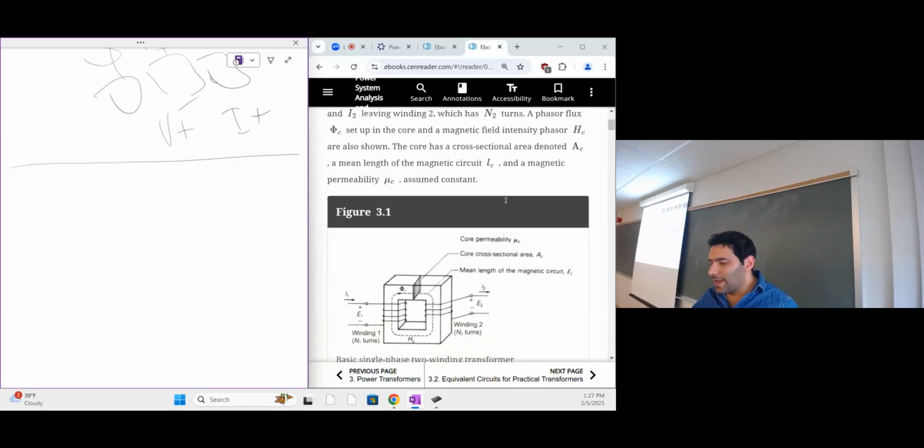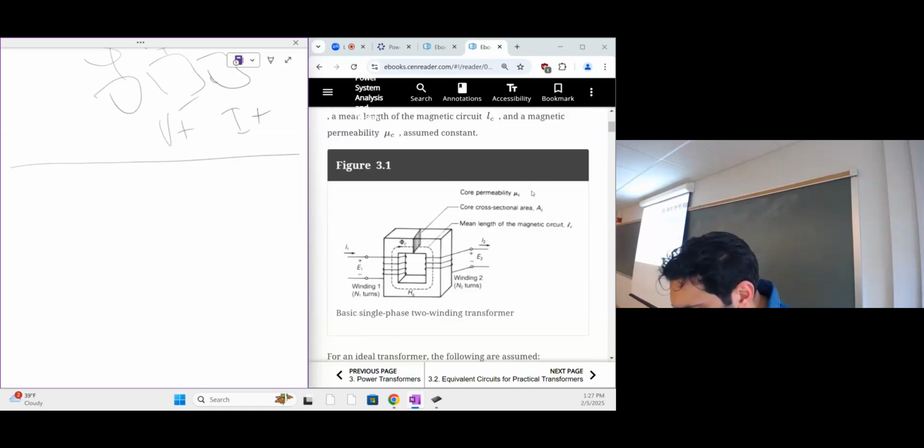Let's go to do some magnetics now. Here we're trying to implement the transformer windings into a magnet. So we have a magnetic core that you could see here, and we have two windings. Let's say, I don't like to say primary now, but this is on this side, on E1.